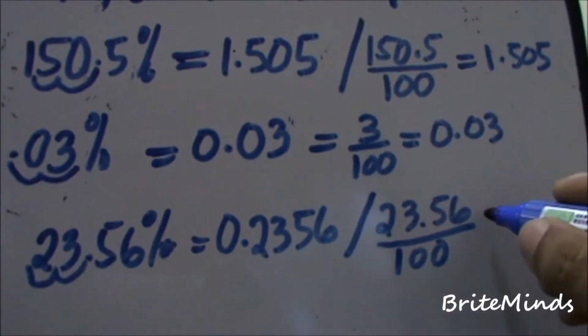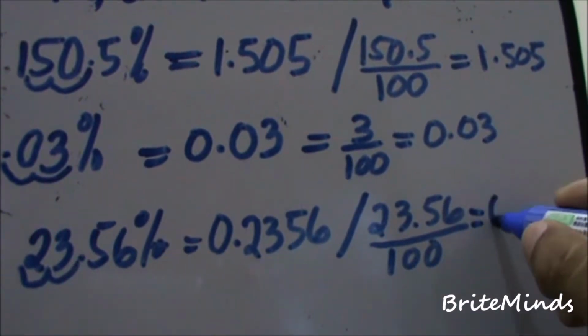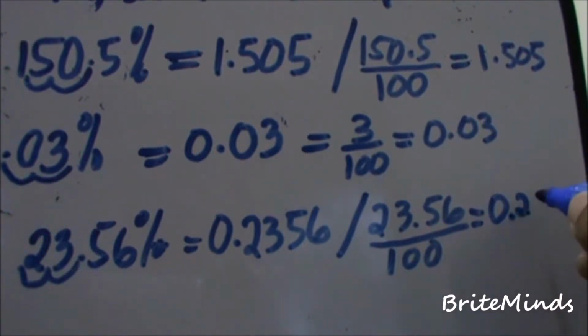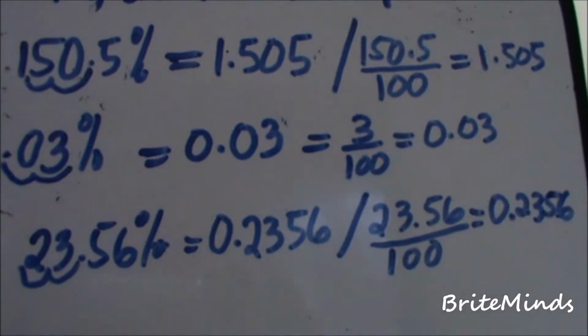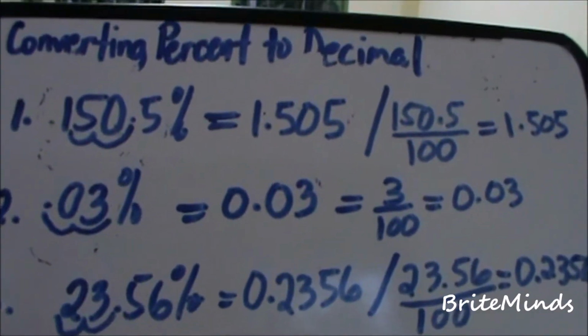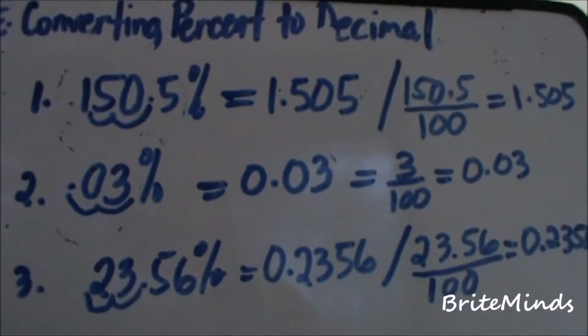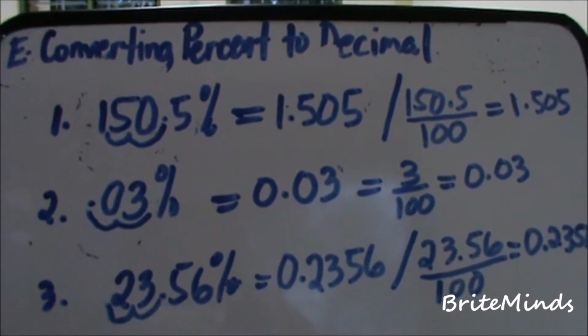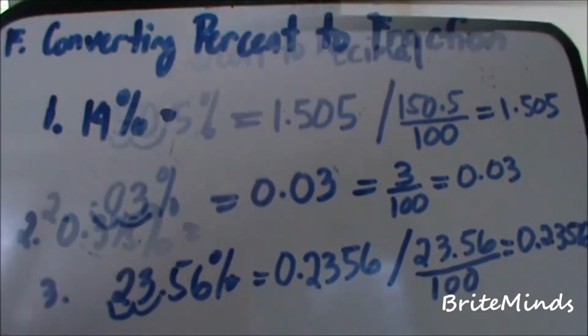So it will come up with the same result. 0.2356. Okay, so that is how you convert percent to decimal.